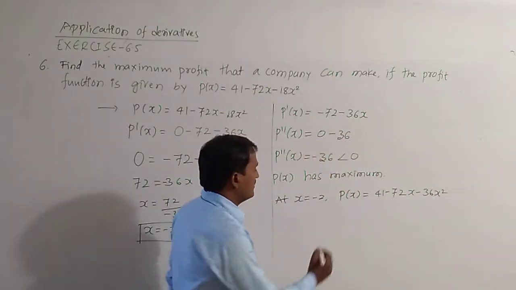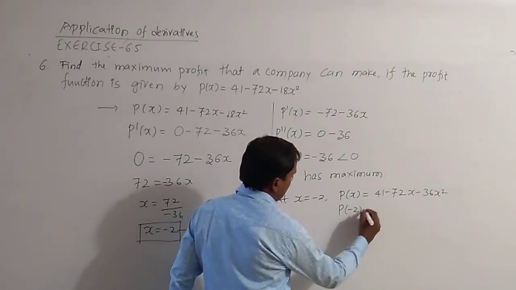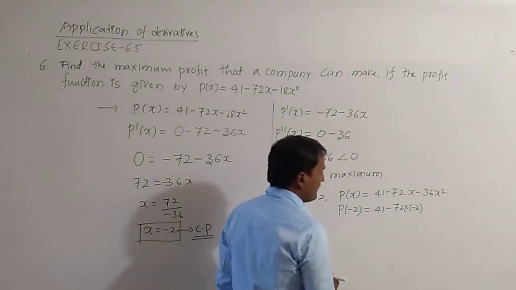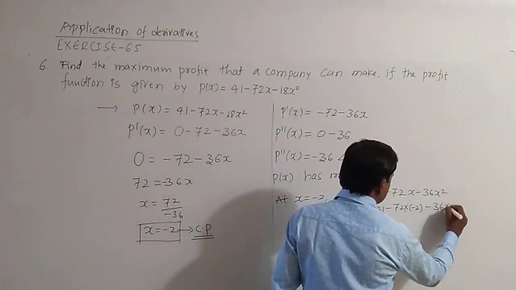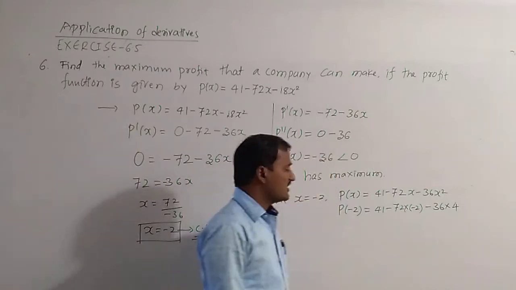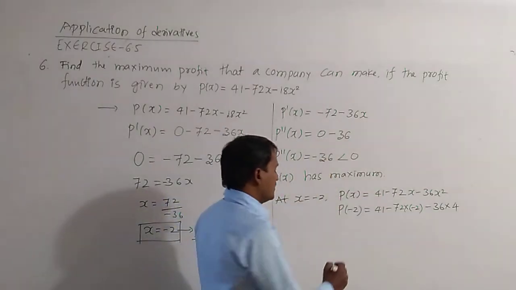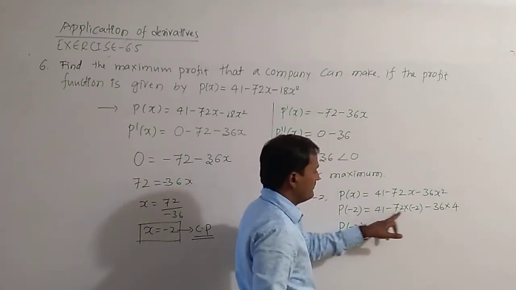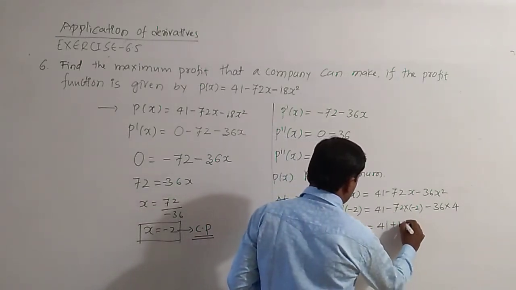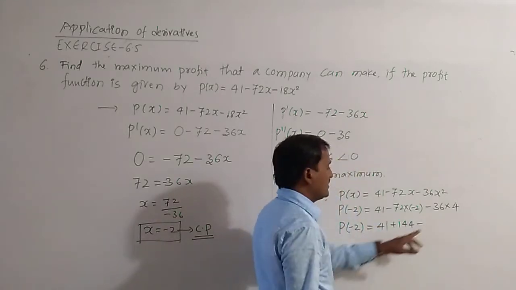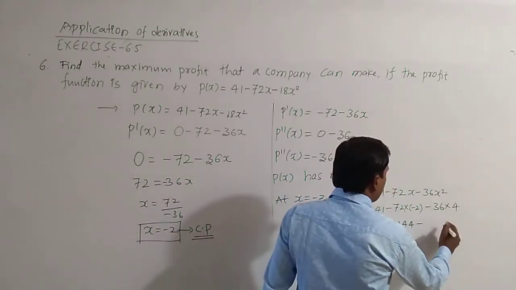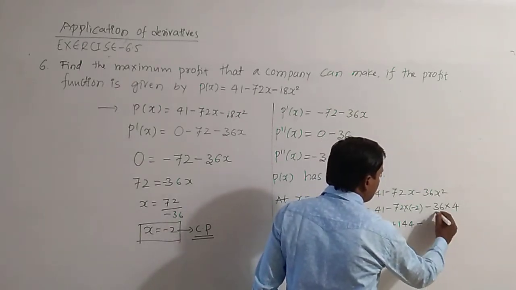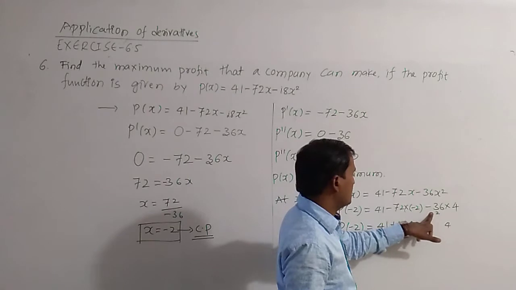Now put x equal to minus 2: 41 minus 72 into minus 2, and here it is minus 36 into 2 square. Minus 2 whole square means 4. So clearly P of minus 2 is 41 plus 144.